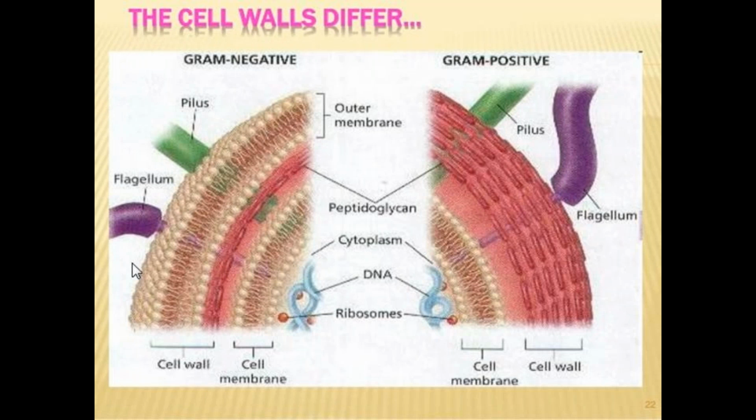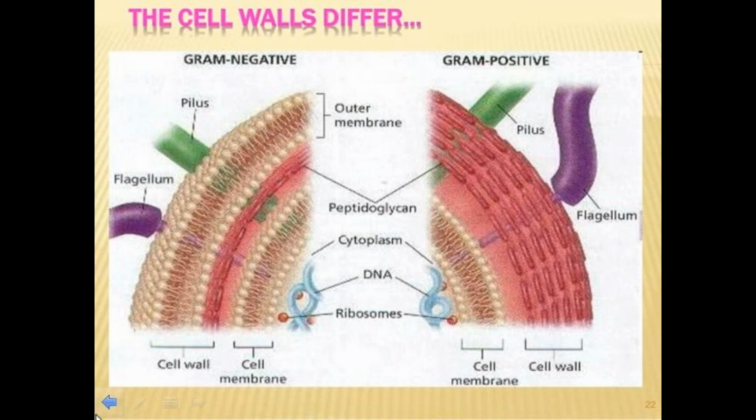That means the outer membrane is present and the inner cell membrane is present, and the outer membrane is mainly rich in lipid. That is the main difference between gram positive and gram negative. Another difference is that teichoic acids are mainly present in the gram positive bacteria. And that is the basic difference in the structure of gram positive and gram negative.